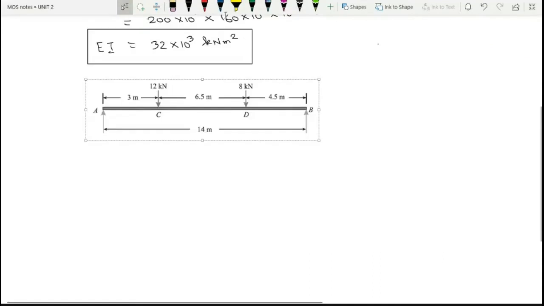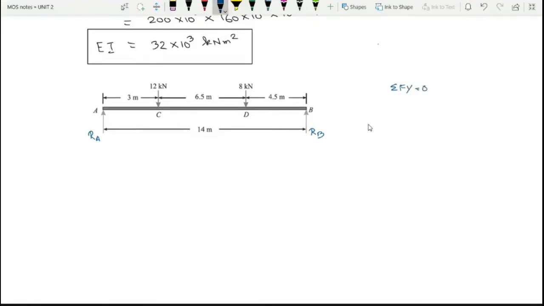Now, first I have to identify what is my reaction. What is my reaction? RA and RB. Same engineering mechanics problem. So I say that this is in equilibrium state. When I say it is in equilibrium state, I can say that sigma Fx is equal to 0.